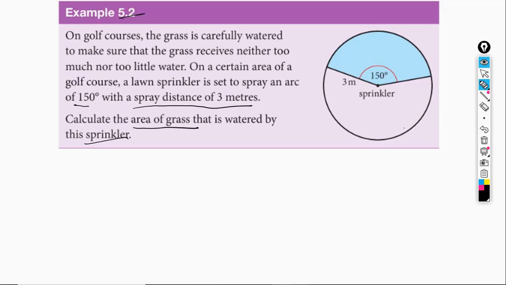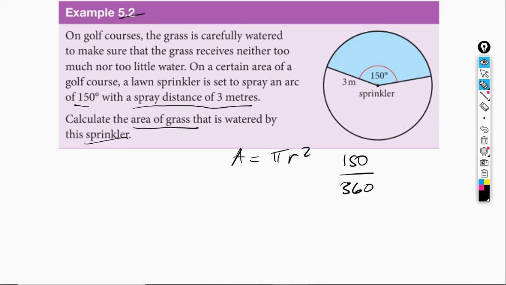Okay, so because we're talking about circles and areas, we have to remember the formula for the area of a circle. So that is that the area is equal to pi r squared. So this is what we would do to find the whole circle's area, right? But in this case, we only want a portion of it. So what portion do we want? Well, we want 150 out of 360. So this is a fraction of the circle that we need to find the area for.